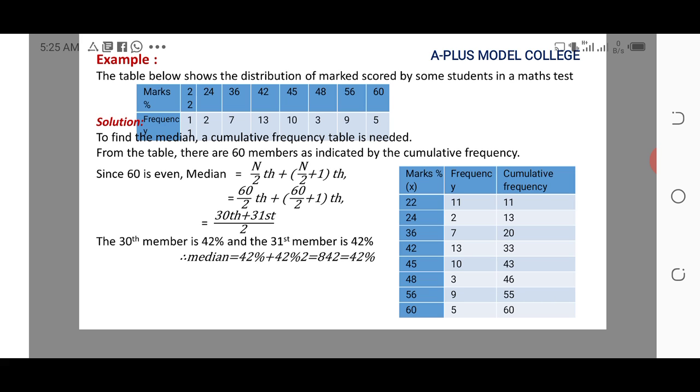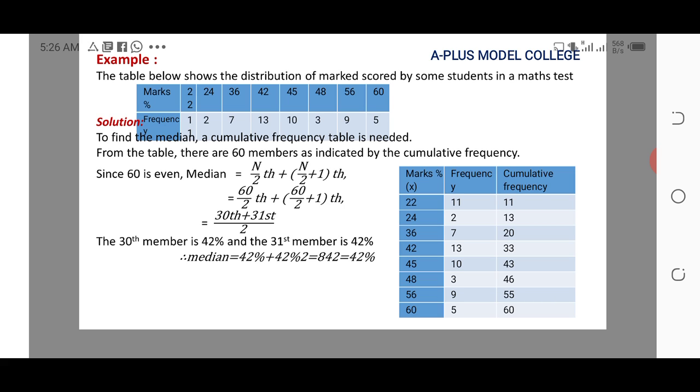Now, when we look at this arrangement, the frequency table, we see from 1 to 60, what number falls on the 30th and what number falls on the 31st. Let's add the frequency. By the time you add the frequency, we can see in the cumulative frequency we have around 42. That's when we have 33 and the likes.